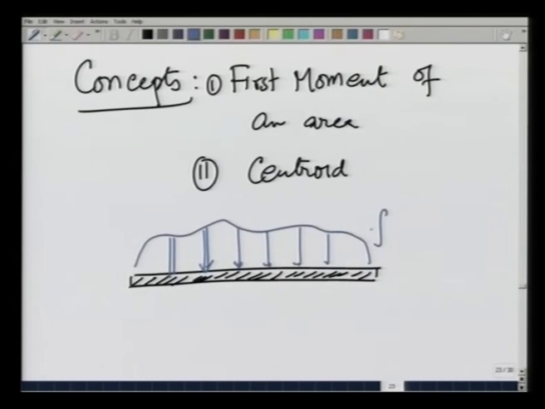Let me call this function f x, so that if I take a small section of length delta x here, the net force acting on this point delta f is going to be given as f at x delta x.